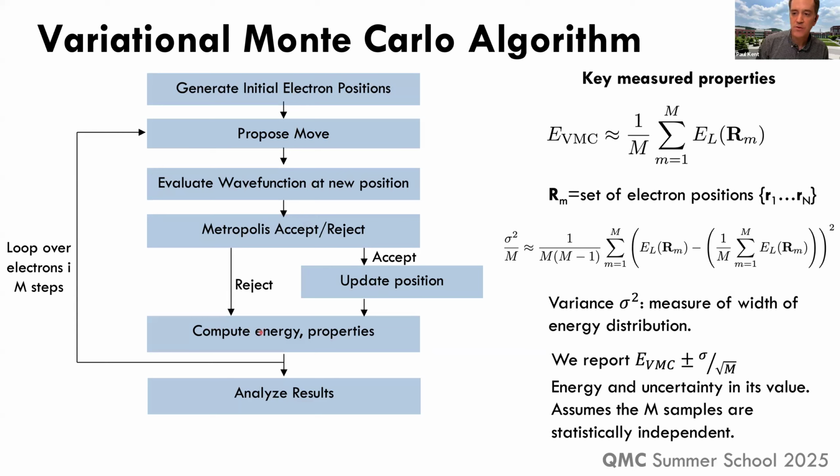Then we compute the local energy and any other properties that are of interest to us. The thing to note here is that even if we've rejected the step, we compute that and accumulate it, because if we're in a very likely position, obviously there should be more weight to that property. So this is needed to get the correct results. One then does this potentially thousands or millions of times, and then does statistical analysis on the values that we noted down at this step.